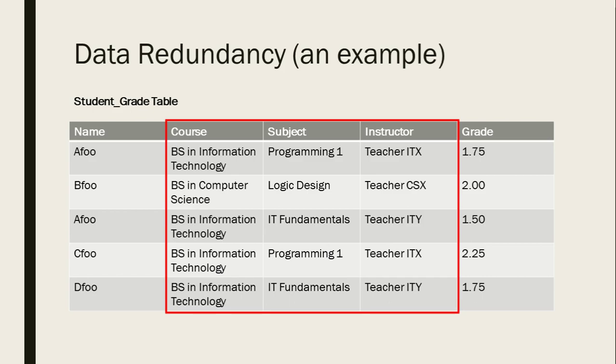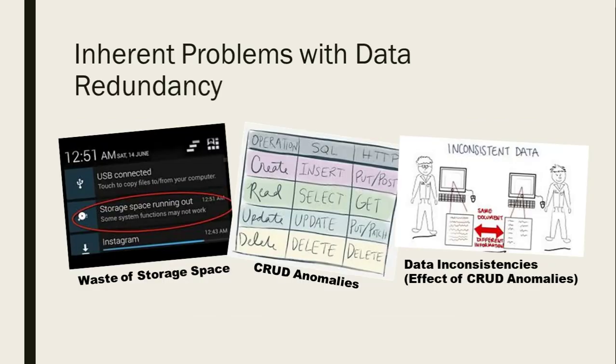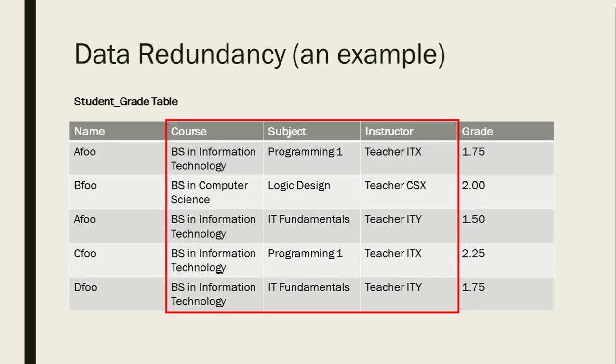There are inherent problems with regards to data redundancy. Number one would be waste of storage space. In this particular instance, the course under the course column, BS in Information Technology, has been duplicated 3 times, and that is a 300% increase in storage capacity needed for storing that particular data.